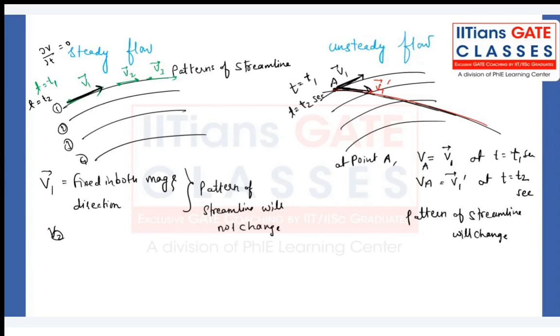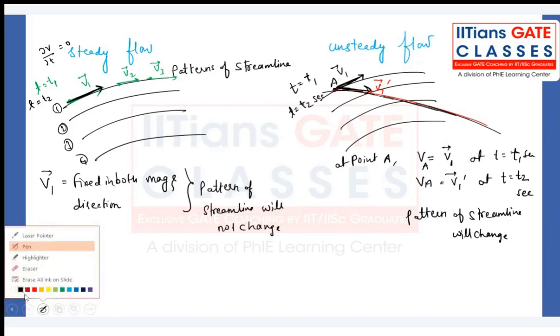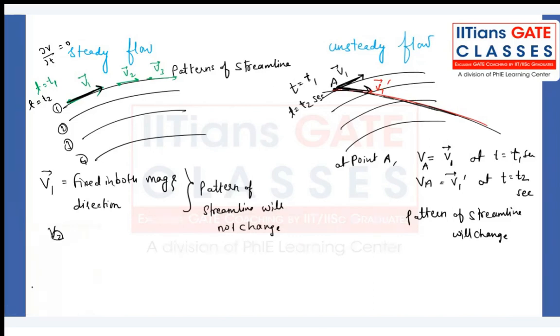Now, what are the consequences of that? Now you have to imagine a particle which is traveling on the first streamline, right?